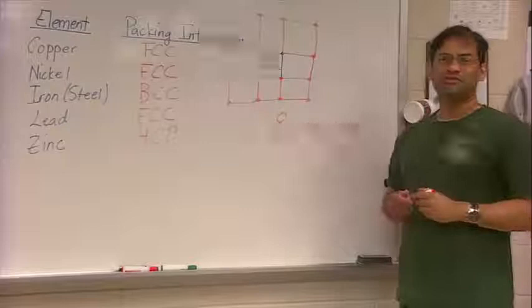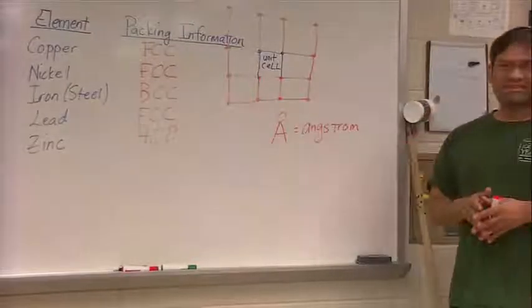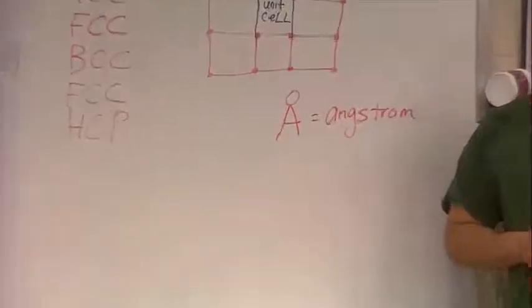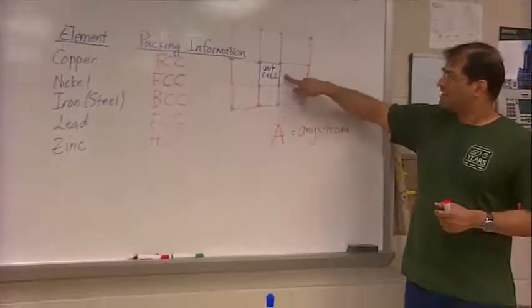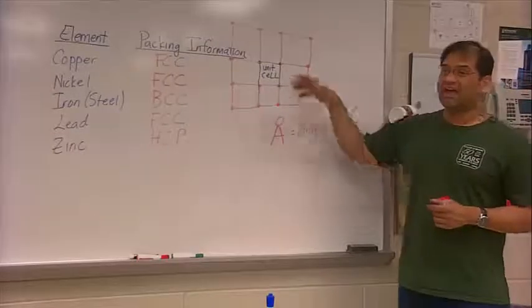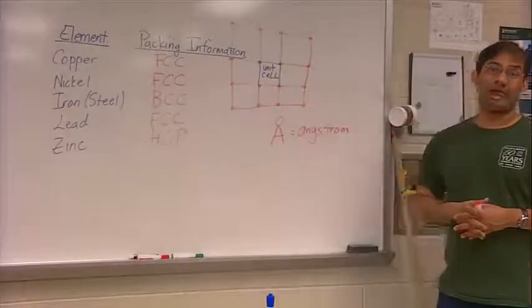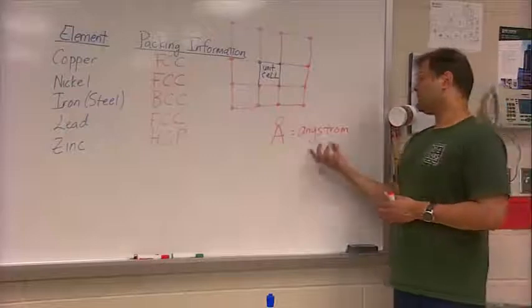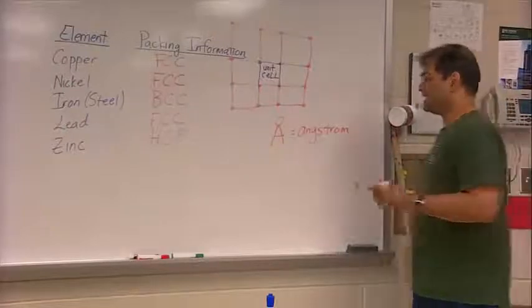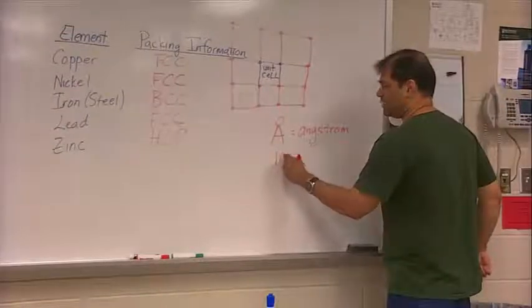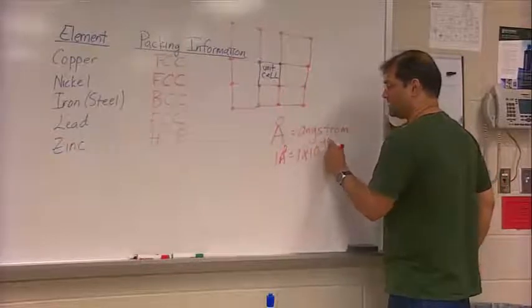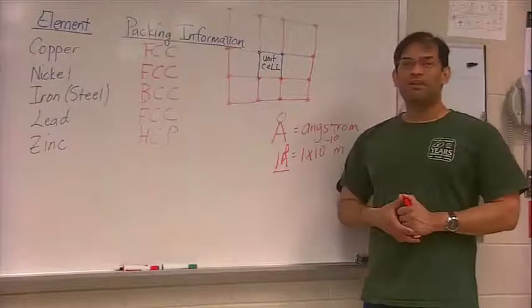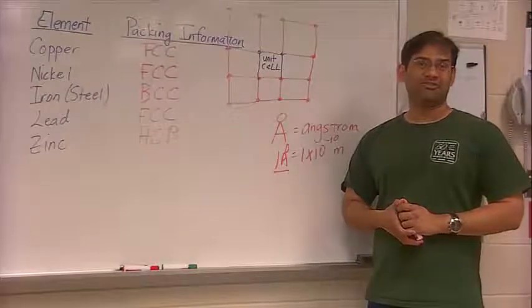Generally, we use angstrom to measure bond lengths, such as a carbon-carbon bond or a carbon-oxygen bond. In this case, since we're dealing with atoms and the radius or the length of a unit cell in the way these pack towards one another, we can use the unit of angstrom. And 1 angstrom is equal to 1 times 10 to the minus 10 meters. So that will be your second lab for chemistry 2.